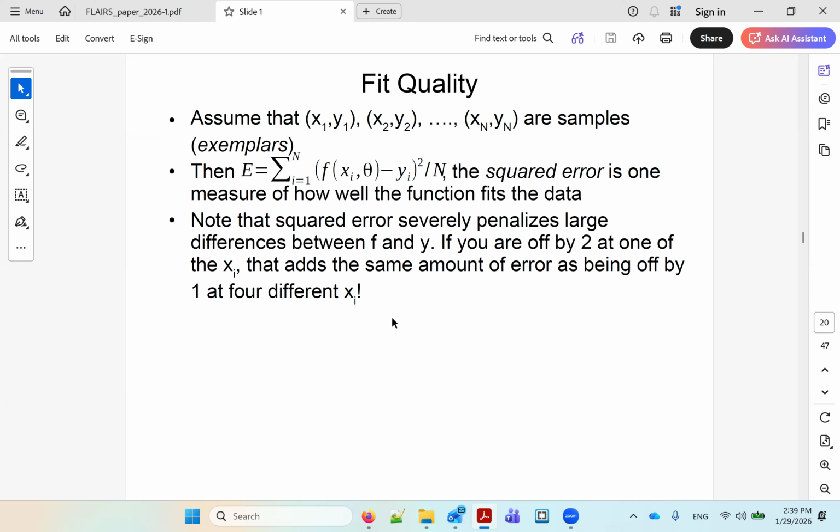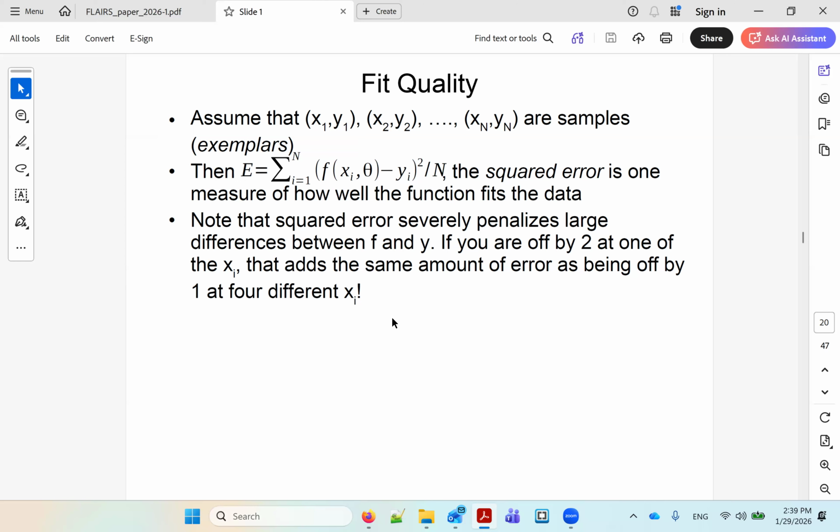Okay, so you need to think, is that reasonable for you? On the other hand, you could be thinking, I know where this data came from, and I'm almost positive there's some real junk data in there. Then this would be a really bad choice for you, because it's going to care about the junk data, and that's what's going to drive what it says is a good fit or not.